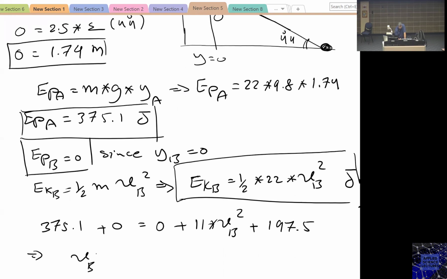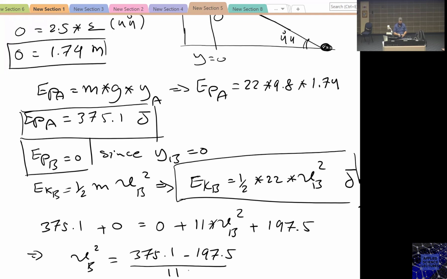We have vB squared equals 375.1 minus 197.5 divided by 11.